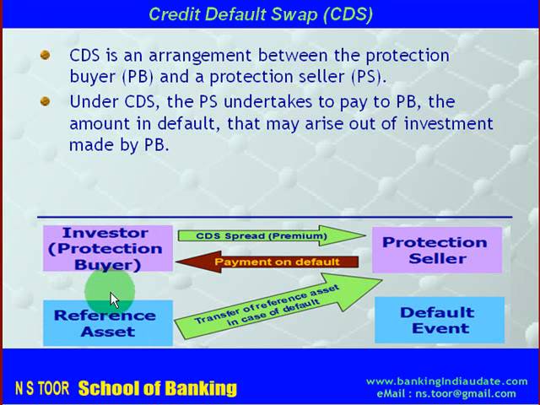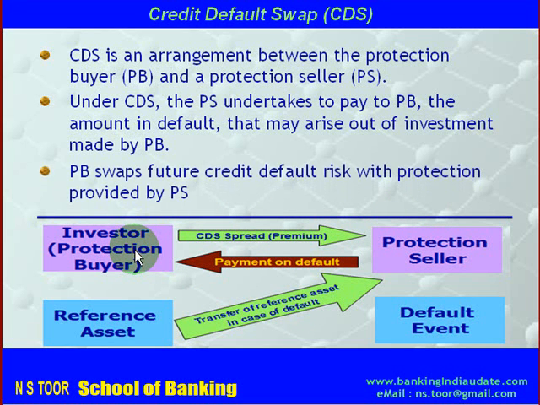So he has made some investment in this asset, and it is possible that there is some default in future. If that default arises, then he will suffer a loss on that account, and to avoid and manage that loss, he goes to the protection seller. He purchases protection from the protection seller in return for a premium. So he pays some premium to the protection seller and he gets protection. So it is a sort of insurance.